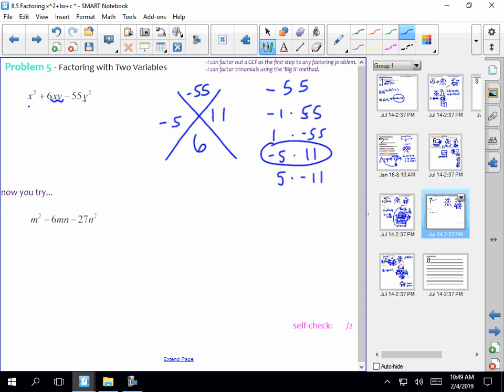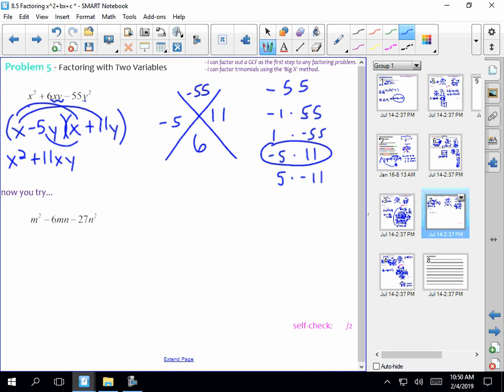The only difference on this is that you have an x here, and instead of just minus 5 and positive 11, we have minus 5y and positive 11y. The reason is that if I'm going to distribute or multiply this out, I better get what I started with. x times x is x squared. x times 11y gives me a positive 11xy.